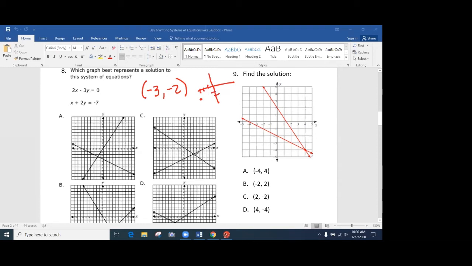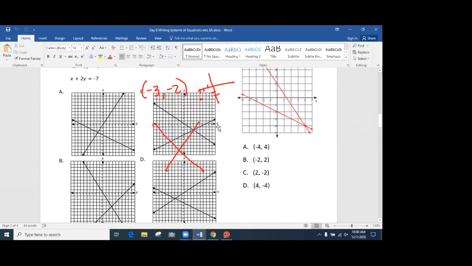I know for a fact it's not C. And just real quick, B, you can see on your paper, B is intersecting down here. Matter of fact, let me raise this up a little bit. There we go. So we know it's not these 2, because it definitely doesn't intersect at -3, -2.